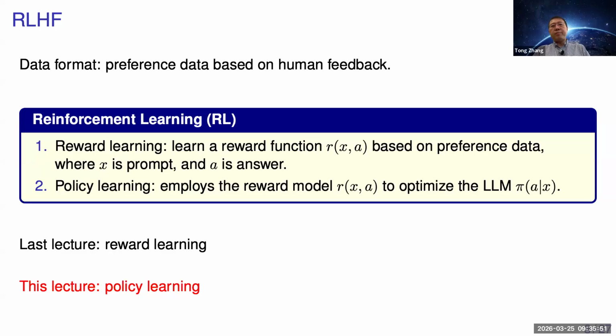One popular aspect of DPO is that it bypasses the reward model, so you save one step. But then you still have some other effects which require you to do something else. We'll talk about that later on. So this is policy learning.